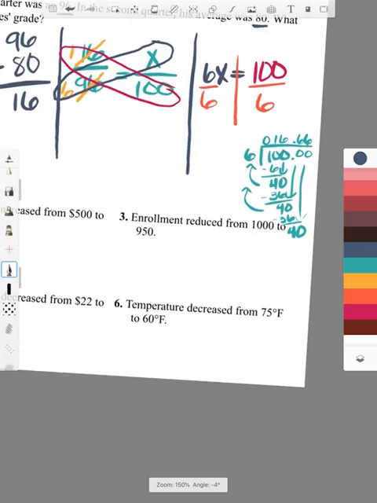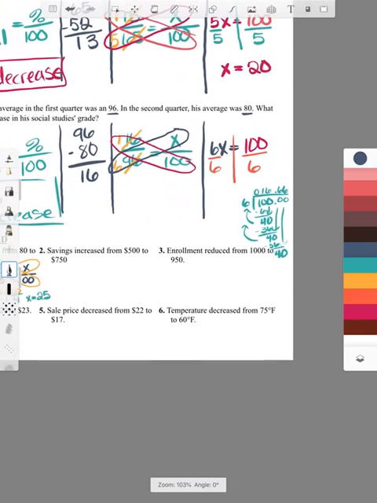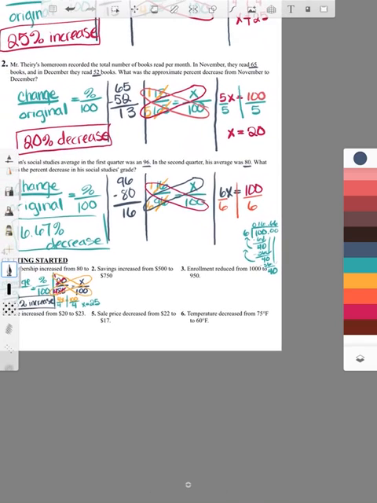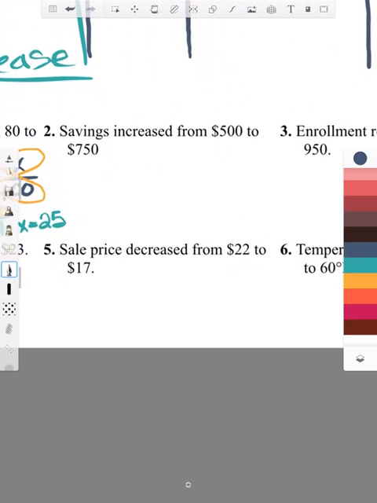We're going to do one off to the side because I kind of used up a lot of room right there. Let's use this one down here. The sale price decreased from $22 to $17. So we're going to write down change over original is equal to percent over 100.